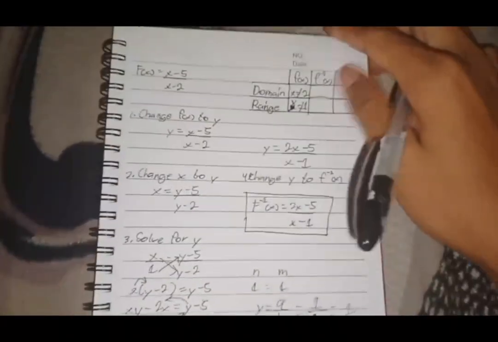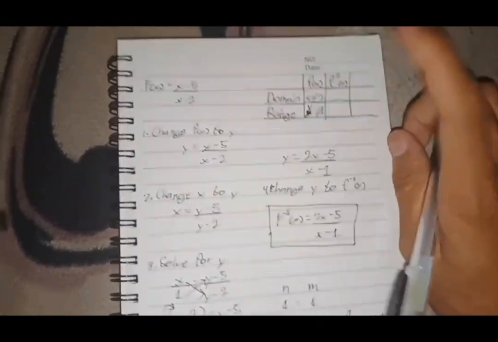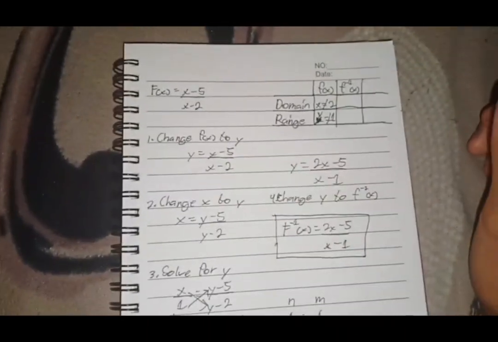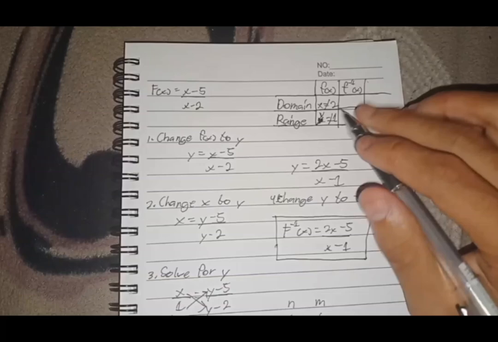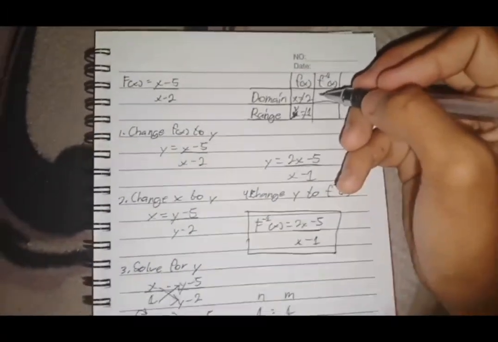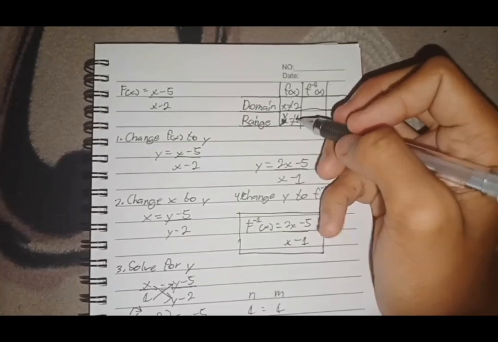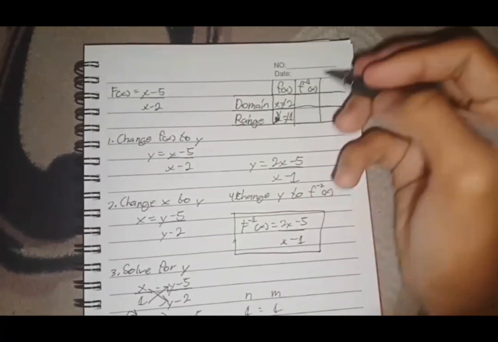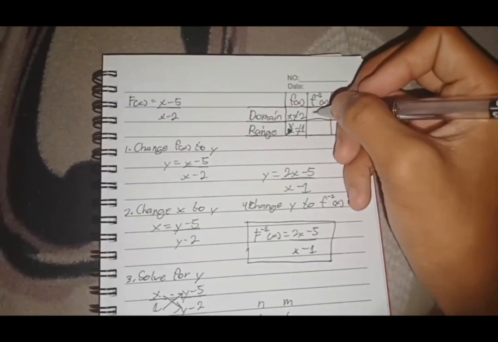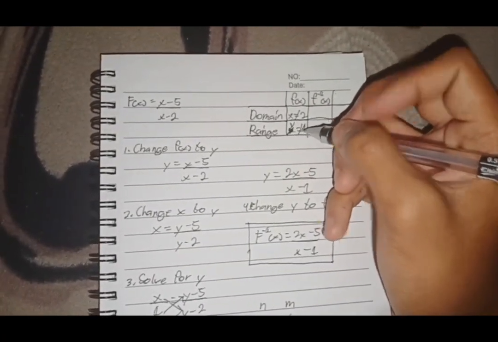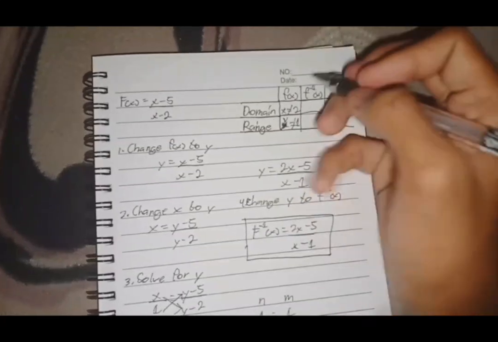So, next is the domain inverse and range inverse natin. So, sa inverse naman guys is, kung ano yung range niya dito is, yun yung magiging domain inverse natin. So, y equals 1 yung range ng f of x natin.